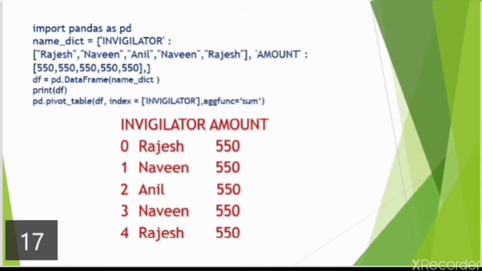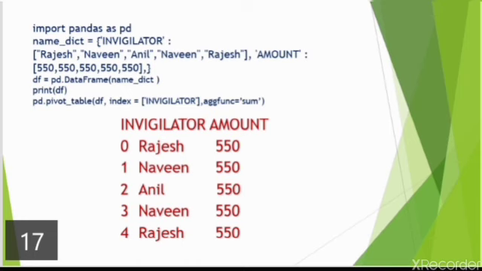df equal to data frame, I have called the data frame function, and in data frame I have called the name dictionary and print df. Then pd dot pivot table. Now it will create a table. Here actually these lines are very light, so therefore they are not displaying.